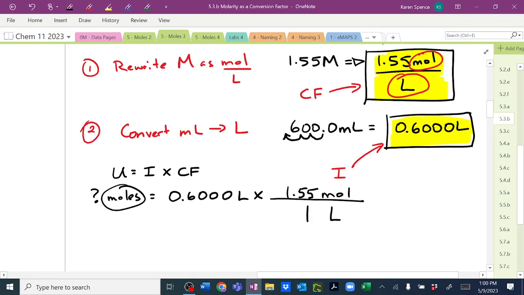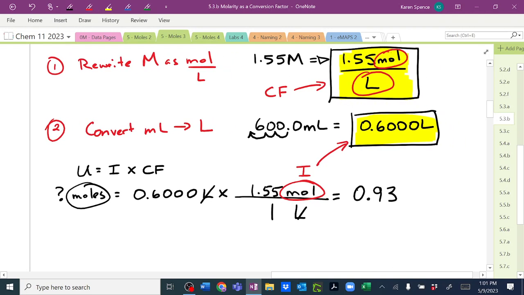Okay, so we have this. We will cancel those out, and we will do our calculation and get 0.6 times 1.55 equals 0.93. And the only unit we have left is the mole. Are my sig figs looking good?